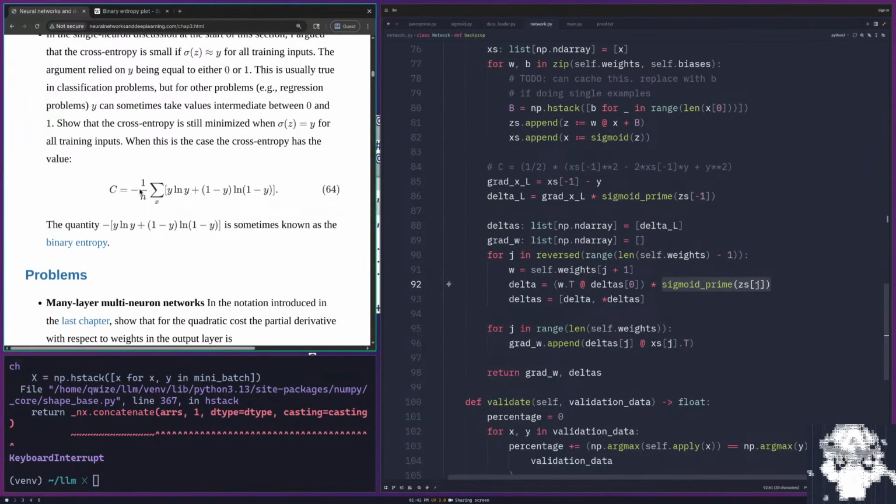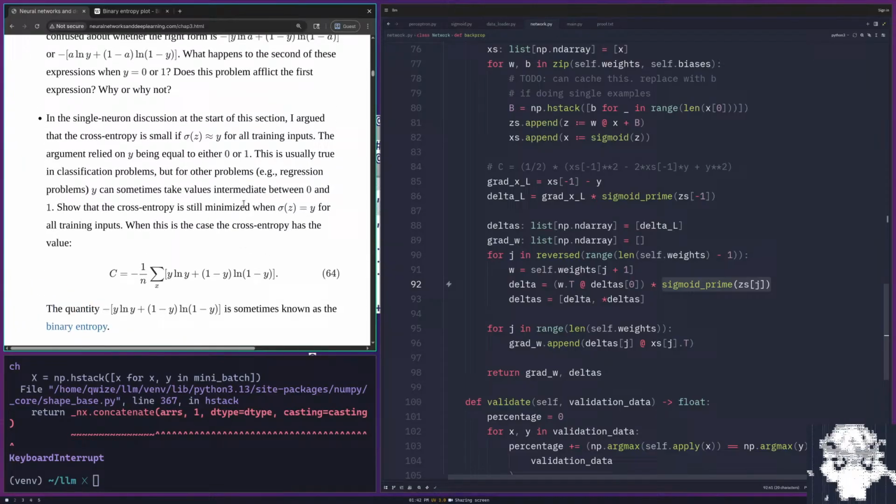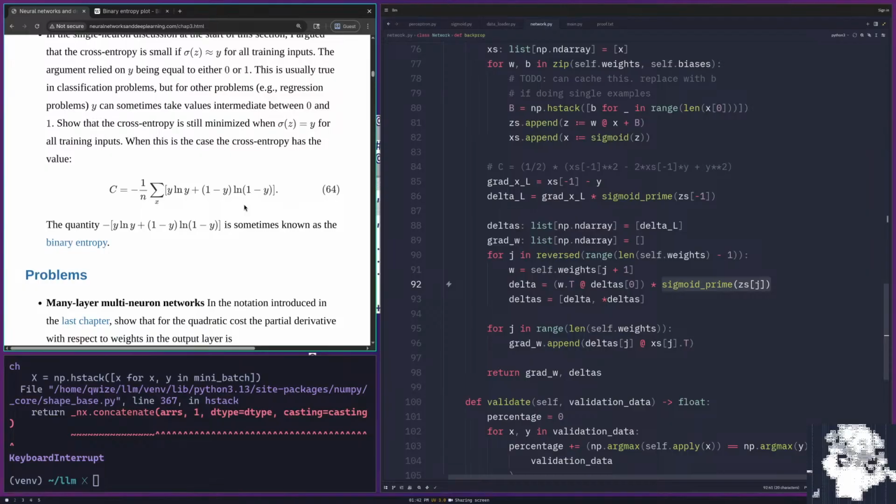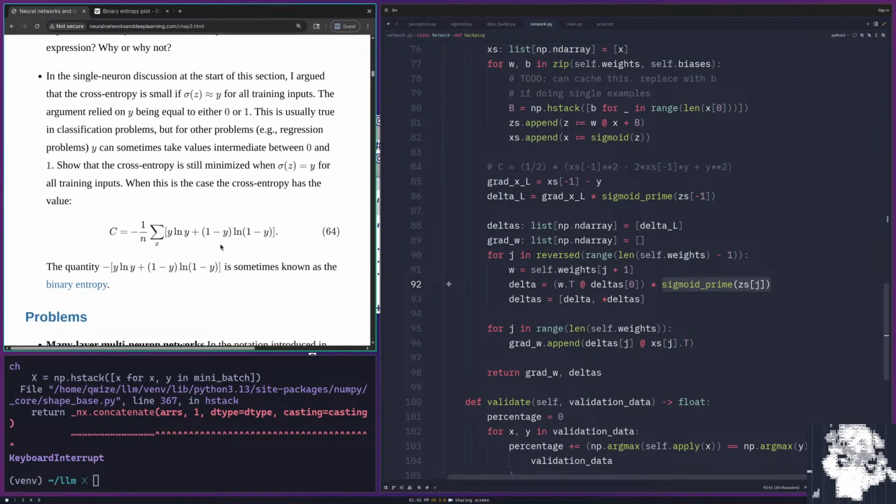I mean, it tells me that this is a number between 0 and 1.